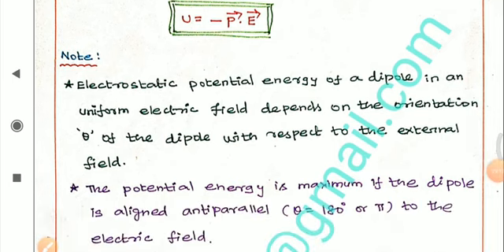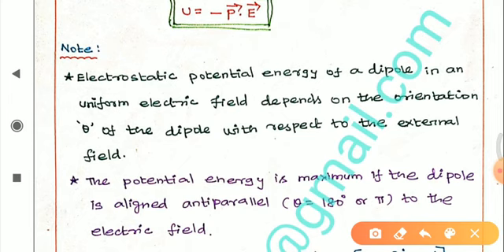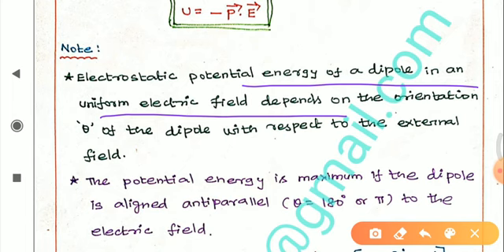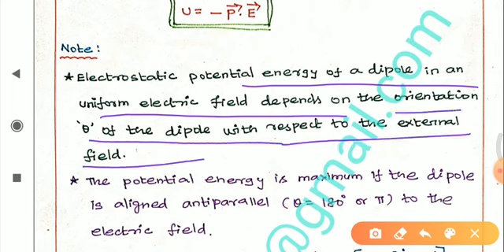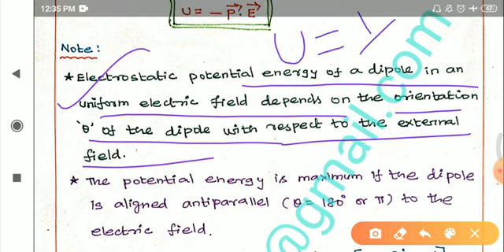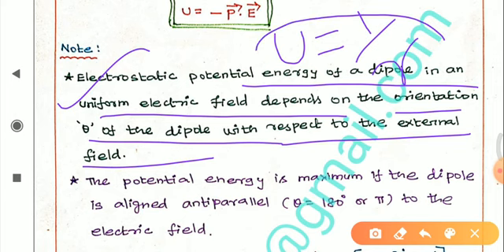In the first point, the electrostatic potential energy of a dipole in a uniform electric field depends only on the orientation of the dipole with respect to the external field. While studying this point, dear students, remember that we have already discussed that U is inversely proportional to R, but here we are studying that it depends only on theta.